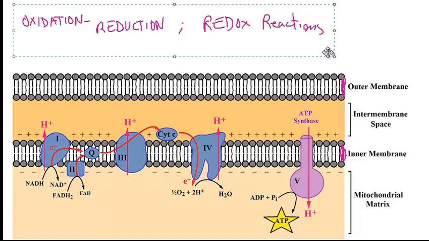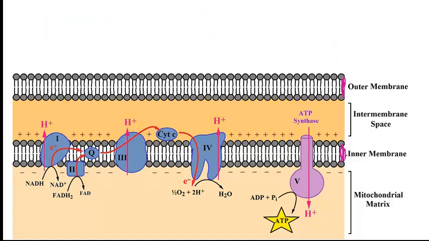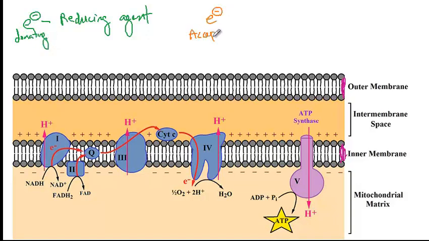Alright, now during this process, the electron donating group is called the reducing agent. And then the electron accepting group is called an oxidizing agent.